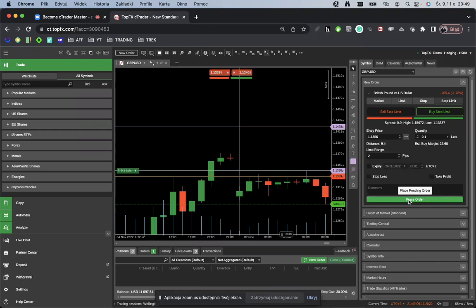It's a buy stop limit order, and what it tells your broker, your trading platform, is to buy 1 mini lot at the entry price of 1.1350 with a limit of 2 pips only.